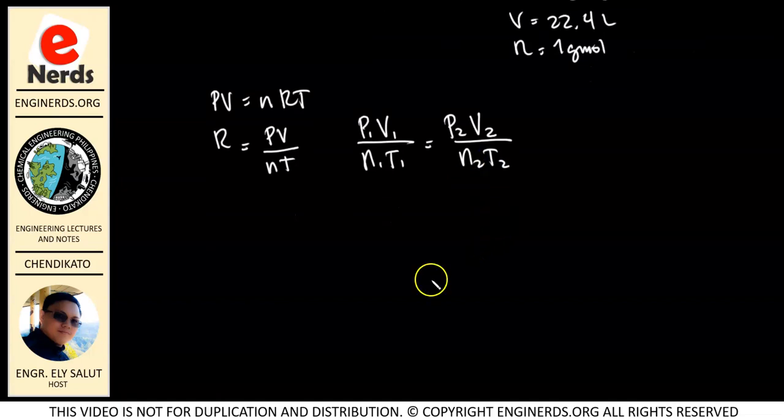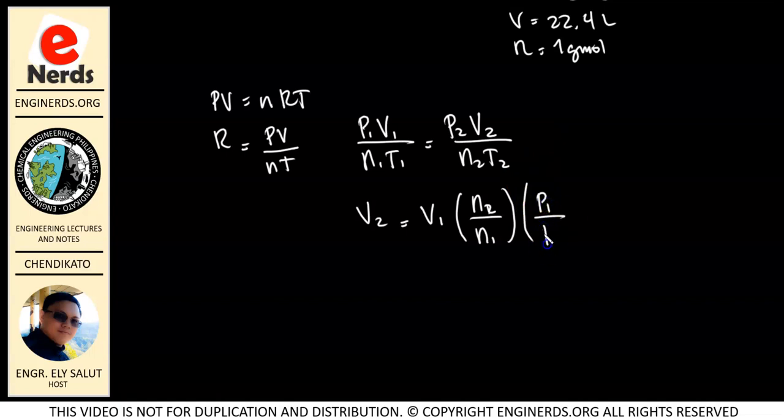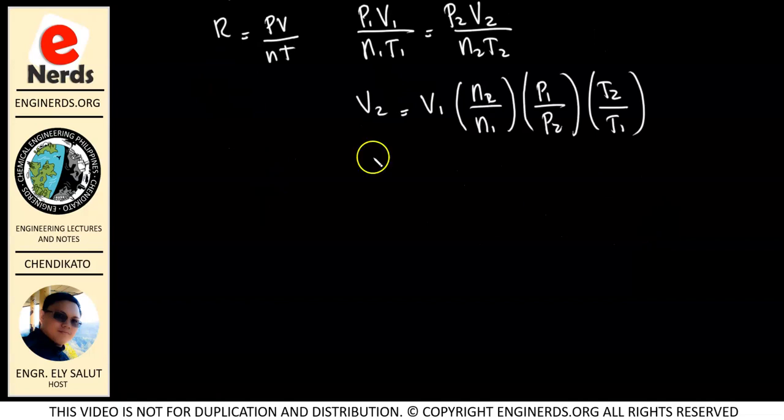Okay, so therefore to get our volume 2, we have V2 is equal to V1 multiplied to n2 over n1, then multiplied to P1 over P2, then multiplied to T2 over T1. Okay, alright, so now let us solve for the value of V2. Medyo move ko lang dito para mas malakihan natin yung sulat.